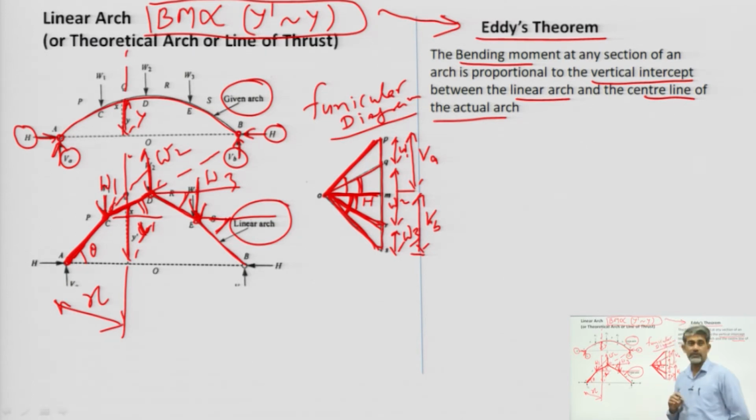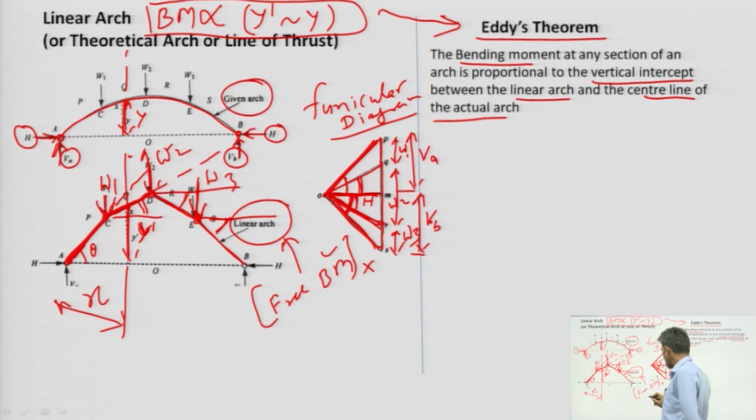We can prove it very easily, since that linear arch has been prepared by this funicular diagram. Therefore, the bending moment in the linear arch gives the free bending moment diagram at any section x, meaning it is giving the value of mu x.